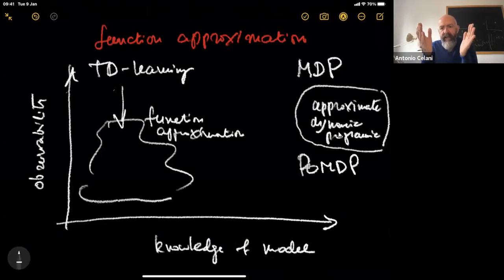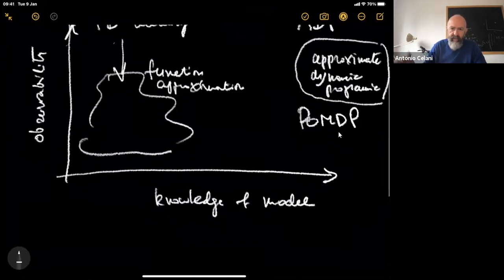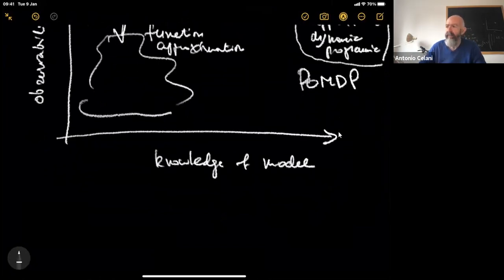But remember, here the goal is not to classify or to discover structure, but remember always that the underlying goal is optimizing some objective in terms of long-term rewards. So this is where we will be moving, in this area, for today and also for tomorrow, but with different approaches than today.